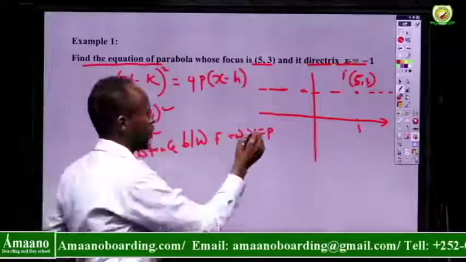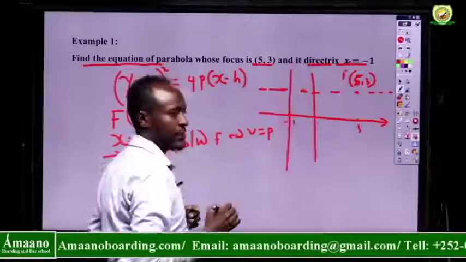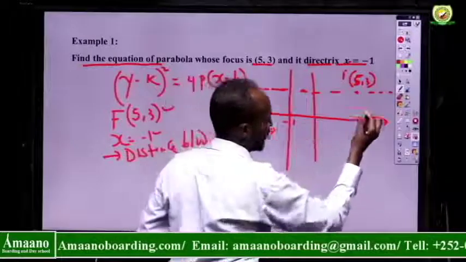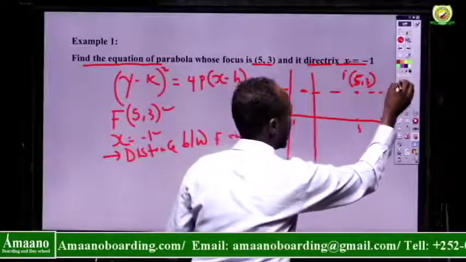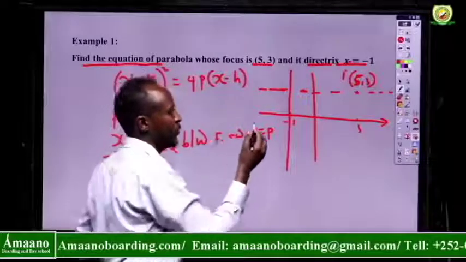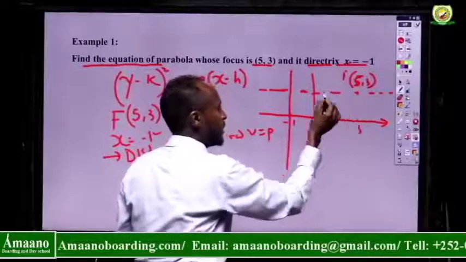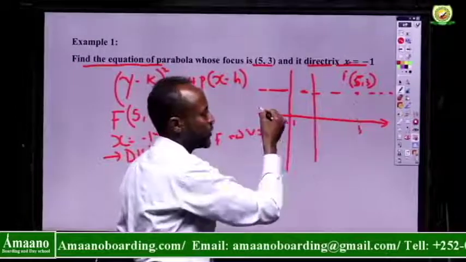Our directrix is x equals -1. That is the directrix. What we are supposed to find first, can we get the vertex? Yes, we can get the vertex. Look, the distance between this line and the focus is 2p, twice of p.